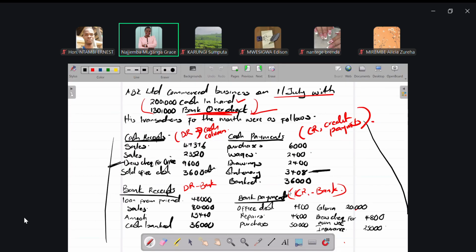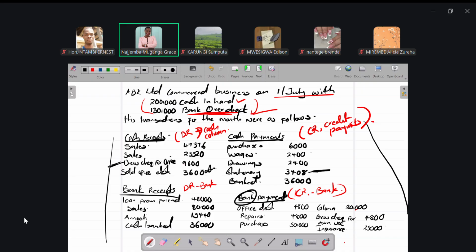Okay, then lastly, we move to the bank payments. Payments, we have office desk, we have repairs, and so on. Since they are payments, we move to the credit side, and they were made through the bank.